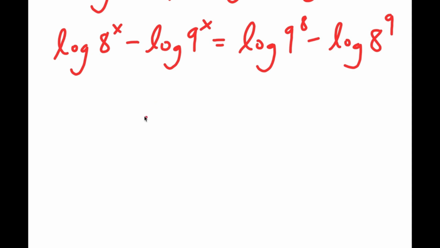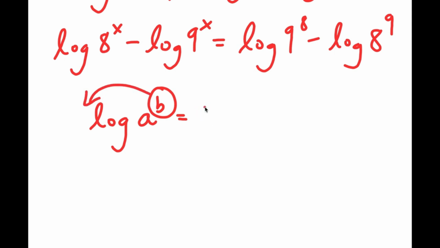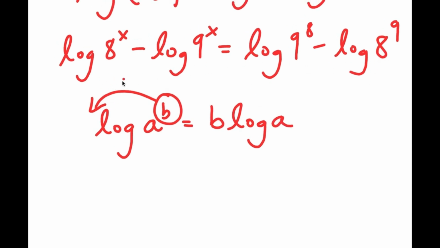Now, another property of logarithms is that if I have something in the form log a to the power of b, I can move this exponent b to the front. So this is the same thing as b times log a. In this case, I can use this property for all my terms over here.